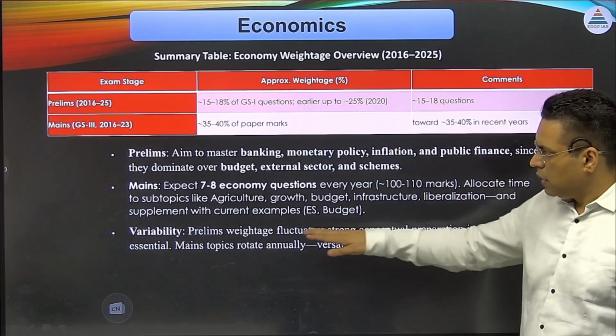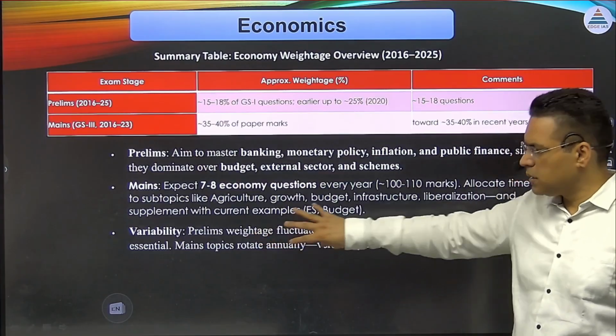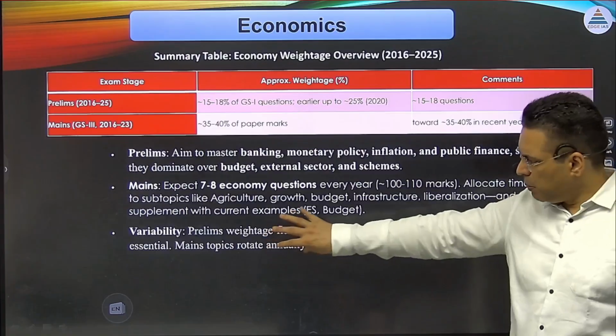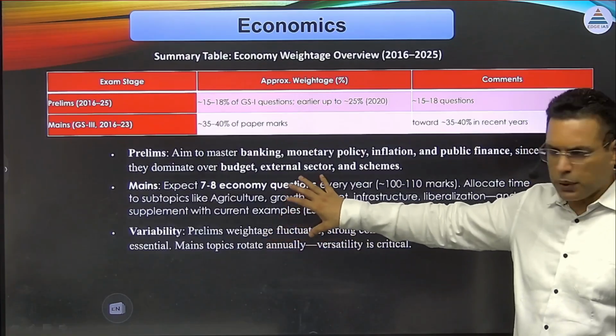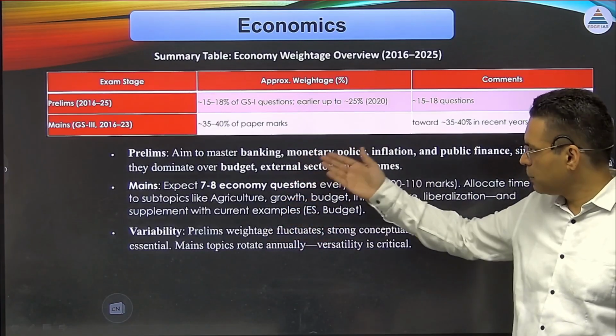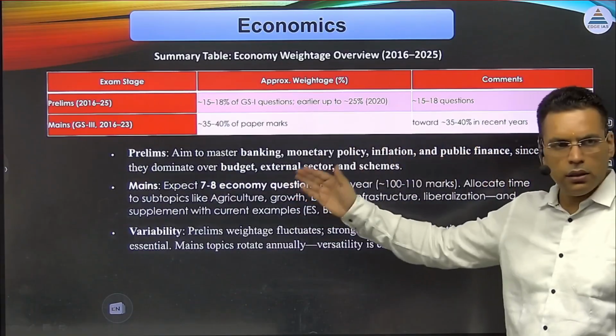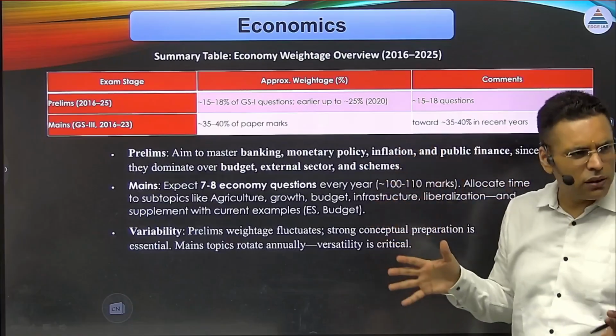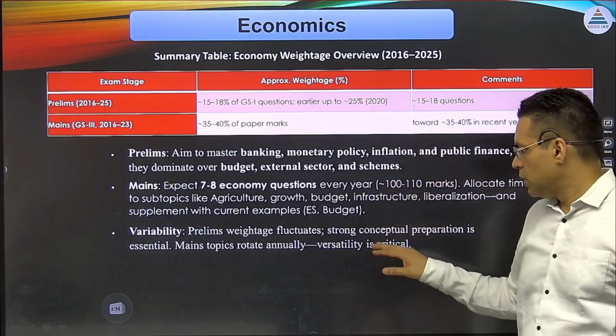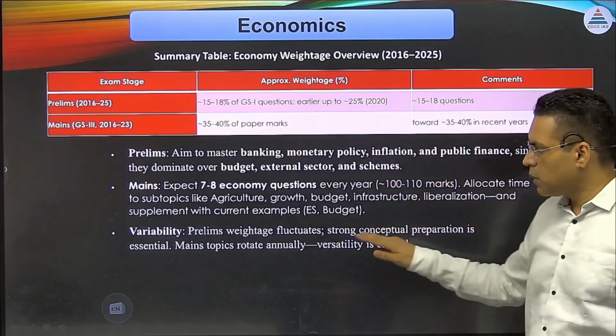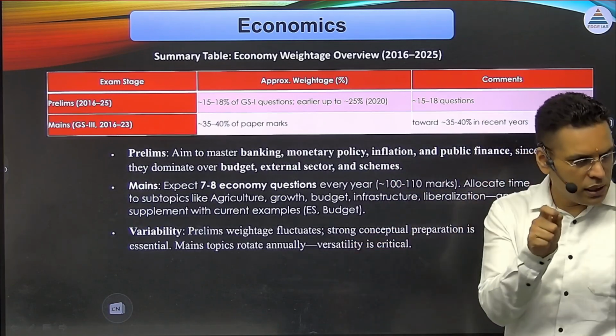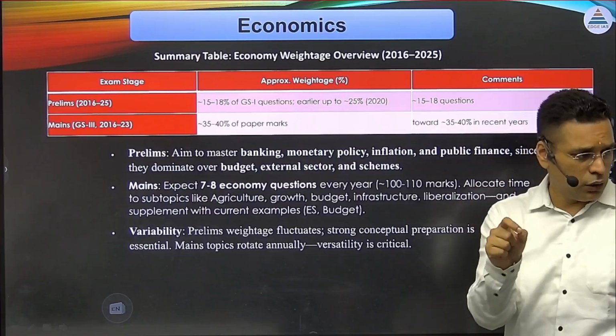Okay? Then in prelims, the weightage normally changes, but more or less topics that you get in the prelims area is from the banking, monetary policy, public finance. These are topics, and they cover actually major part of the syllabus also for prelims. So strong conceptual preparation is required. You have to go into the concept of the topic.